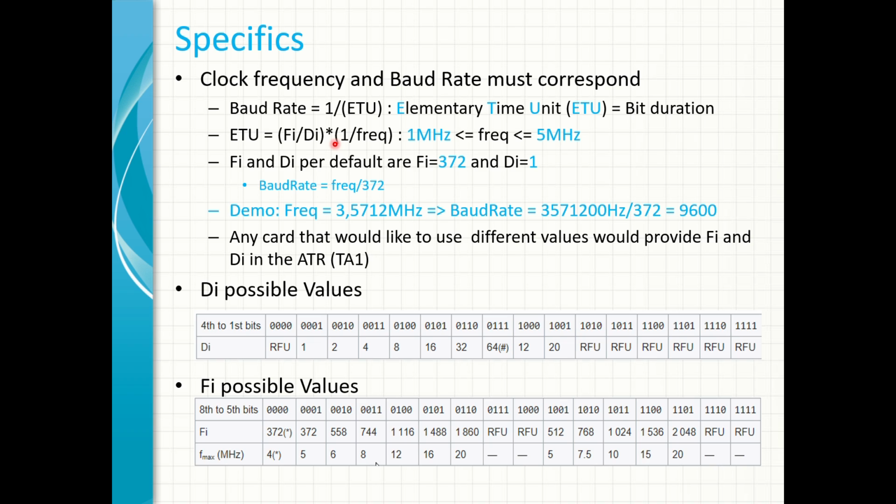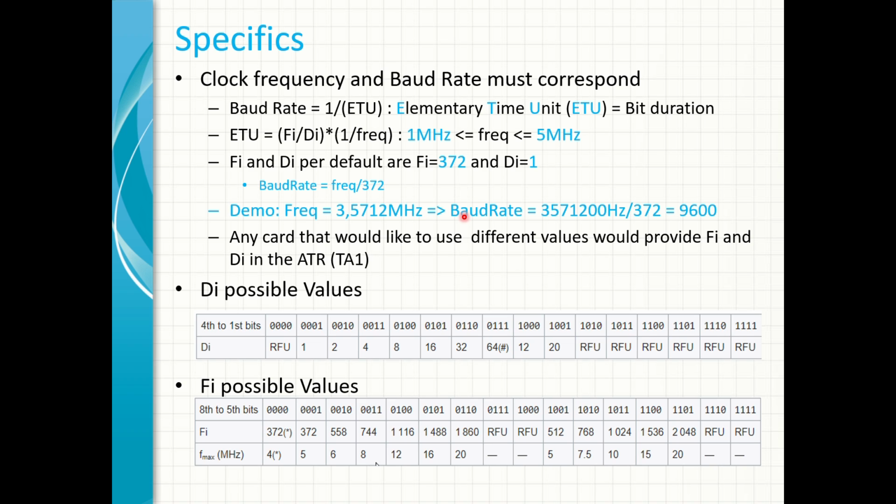Fi and Di can take different values but are per default 372 and 1 respectively. So therefore, designing a terminal will require you to decide on a baud rate with a corresponding frequency in the accepted range. My design uses 9,600 bits per second, which implies that my frequency will be 3.5712 MHz.